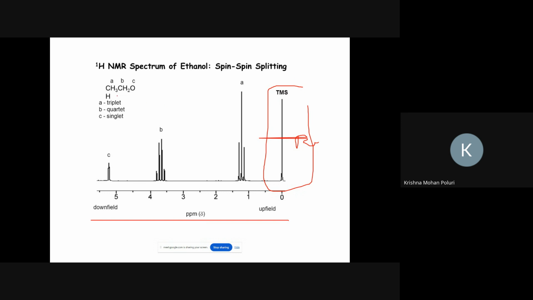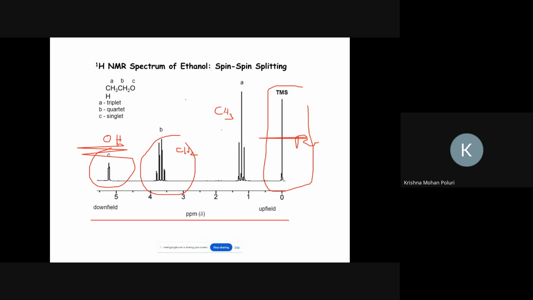What the spectrum looks like is, your CH3 will come as a triplet, and your CH2 will come as a quartet, and your OH, as I said, doesn't do anything, the reason being it is exchanging.